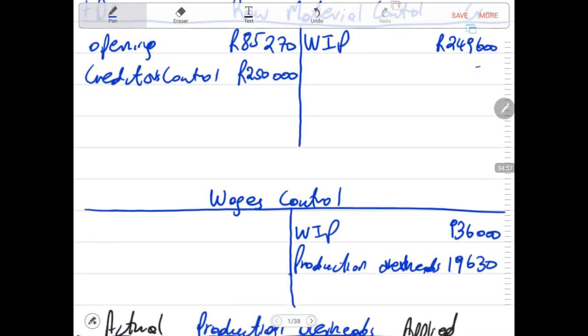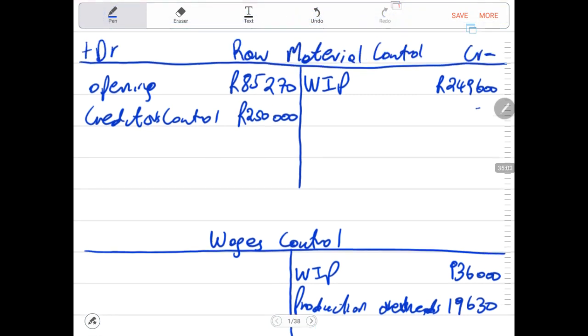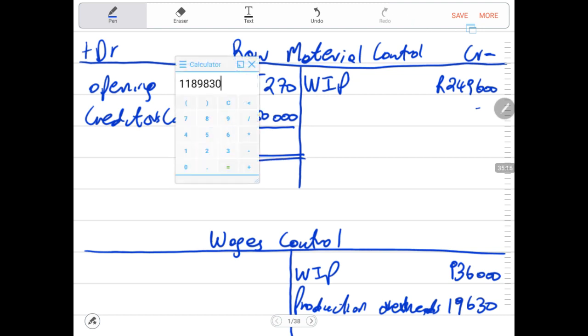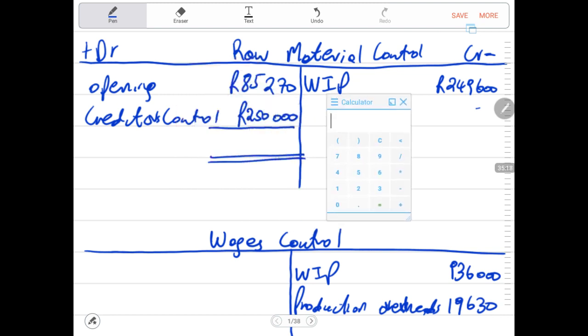Now, in the beginning, we have two ledger accounts that we must first take into account: the material, because there was no return. So if there was no return, then we can sort out our material control account. The total of the material control account will be calculated in this manner: 85,270 plus 250,000.